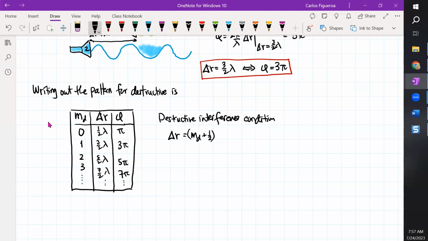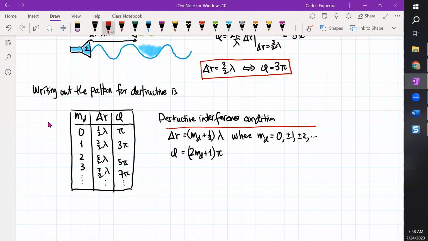This is a little bit nicer, where MD is equal to 0, plus or minus 1, plus or minus 2, or I can write my phase, where this has to be 2MD plus 1 times pi. Both of these say the exact same thing.